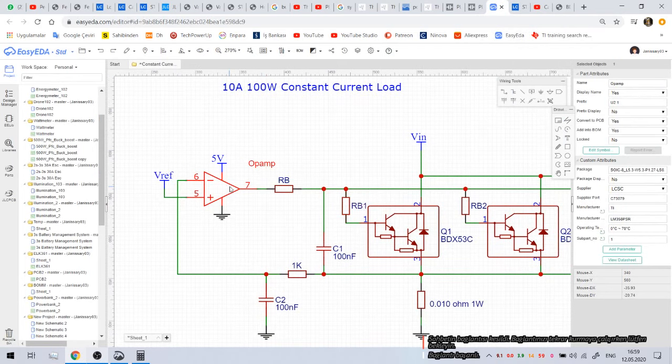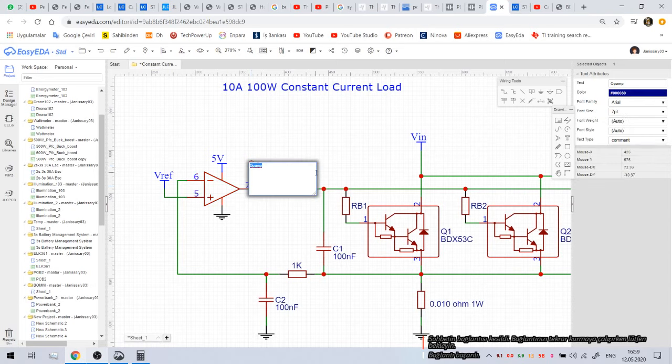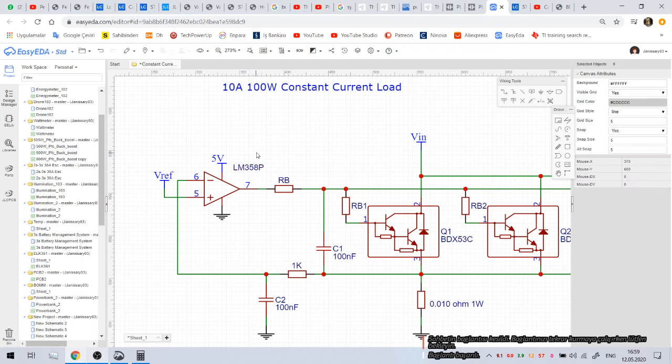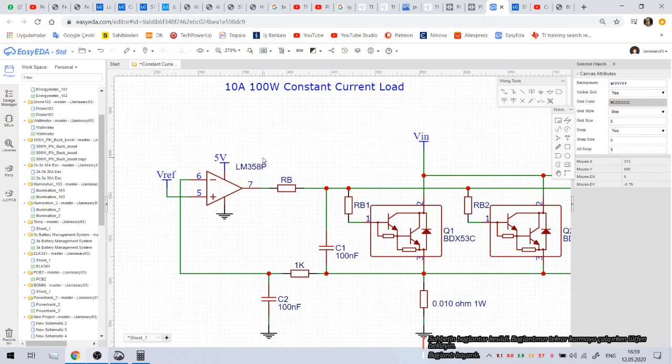Also, I want to show the op amp parameters. I want to use the LM358P because of its cheapness. We don't need a highly precise op amp or one with lower input offset voltage.